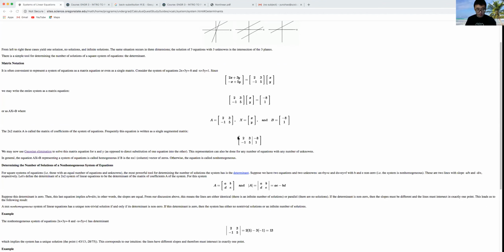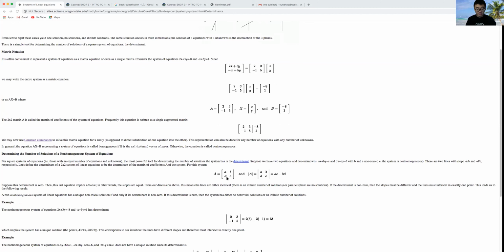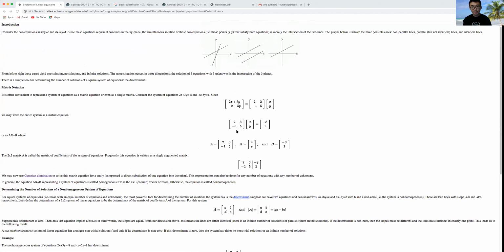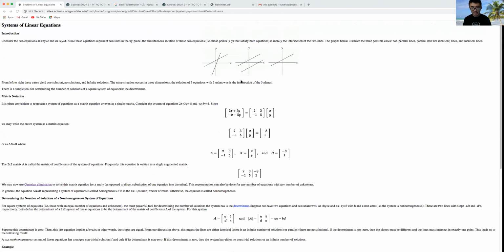For the determinant, let's say the matrix is A, B, D, C, then the determinant is AC minus BD. If this determinant is 0, what does that mean? That means AC is equal to BD. In that case, it usually means that those two lines are either parallel or the same.